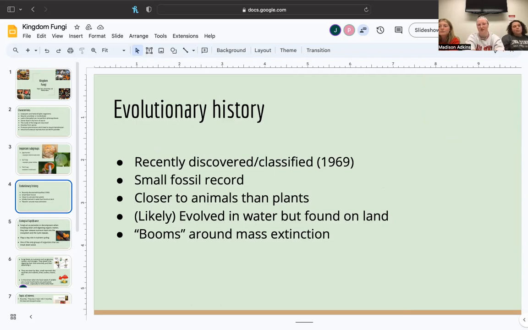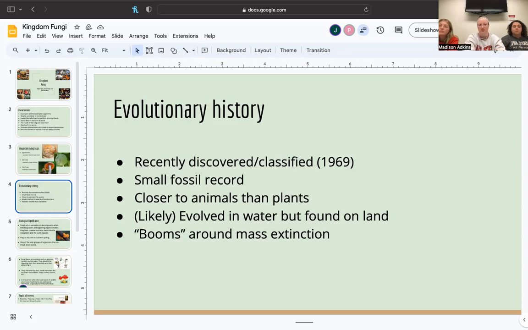However, they're still studied a lot of times in botany classes as plants, but they are closer to animals than plants. They've gone back and forth between unicellular and multicellular. As you said before in the characteristics, they can be both. The unicellular version is yeast.